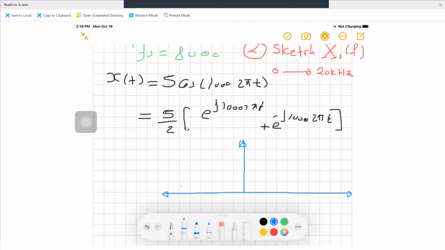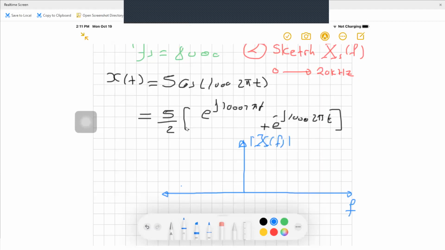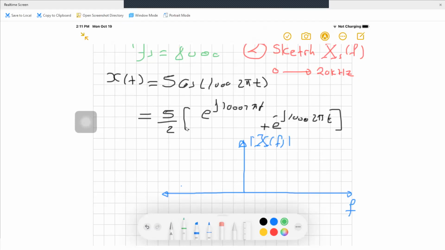As you know, this will be the f-axis, and this one will be the magnitude of x of f. Now, the frequencies will be what? Will be 1000.